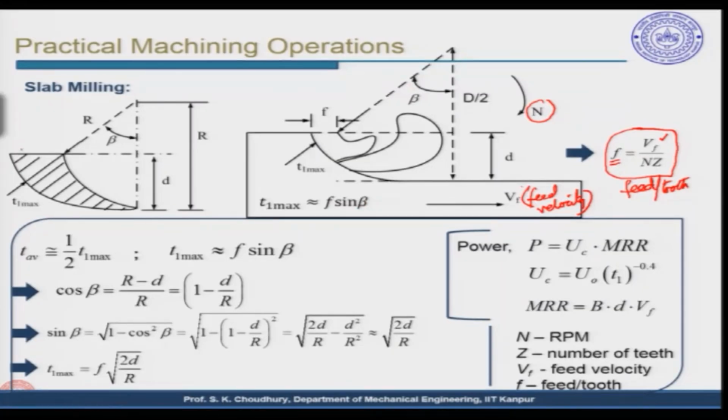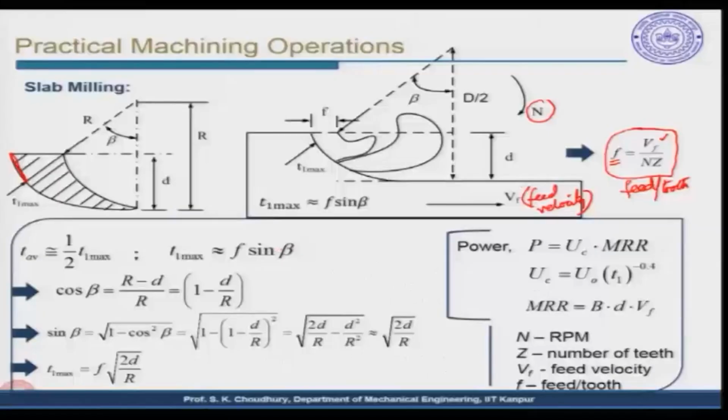This is because we can assume this to be a line, okay, this chord, and from this triangle you can find out that T1 maximum is equal to f into sine of beta. Now, in the milling process, the average value of the uncut thickness is used, which is T1 average, normally taken as half of the T1 maximum.